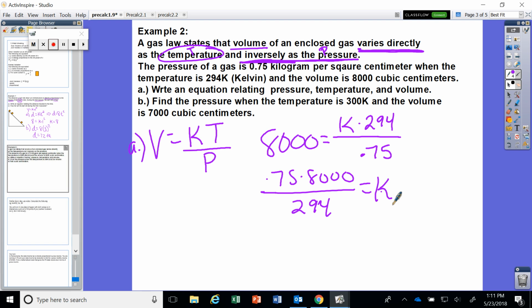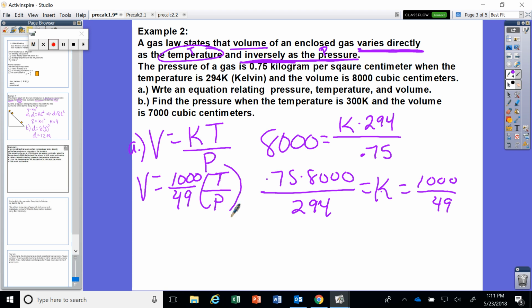In this case, we get 1,000 over 49 when we simplify it down. All right, so that is our value for K. So we are going to replace that in here, and now we know that 1,000 over 49 times T over P can be a useful equation that relates pressure, temperature, and volume for this specific scenario.